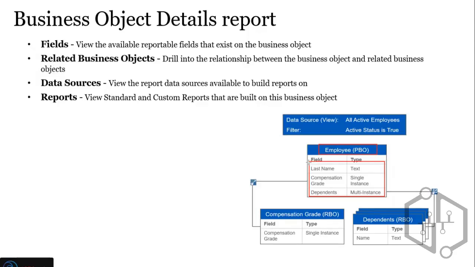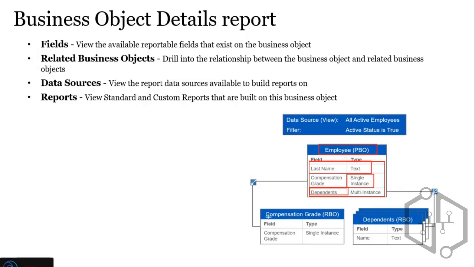If you see out of all these fields or all the attributes, the last name identifies the worker details. And then I can also get compensation grade of the worker, and I can also get dependents of the worker. So while each worker is linked to only one compensation grade, so any worker can only have one grade. So it identifies a single relationship or one-to-one relationship.